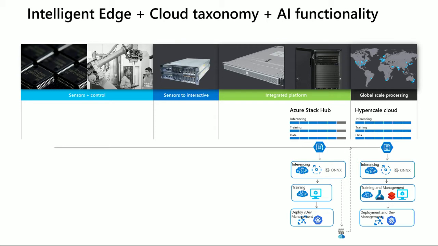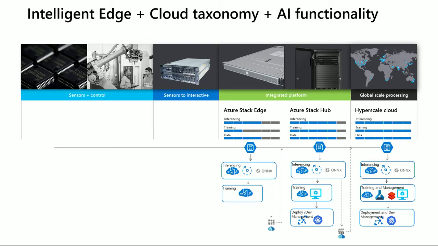And you still have the full range of deployment and development management. When you go into our newest entrant into the family, the Azure Stack Edge, this hardware as a service solution is primarily geared towards inferencing, and a little bit of training happening as part of the cognitive services themselves. It's not really a training solution, it's more of an inference solution.